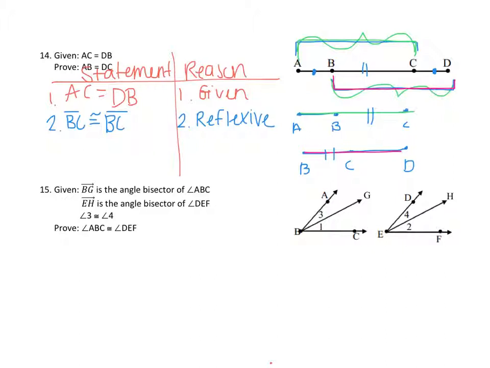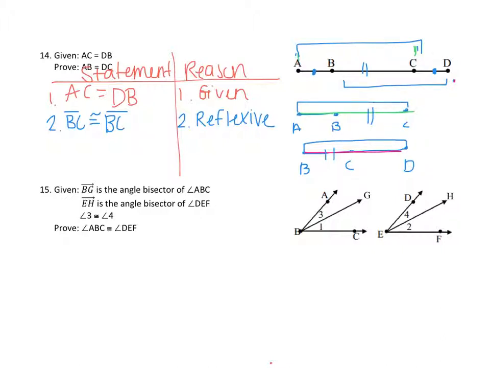So then the next thing that we want to do, I'm just going to erase a little bit here, is think about how can I prove that segment AB is congruent to segment CD. I know that these whole segments AC and BD are congruent to one another. And I also know that BC is in both of them. So if I think about how to get AB by itself and how to get CD by itself, I'm either doing one of two things. I'm either adding to get a bigger segment or subtracting to get a smaller segment.